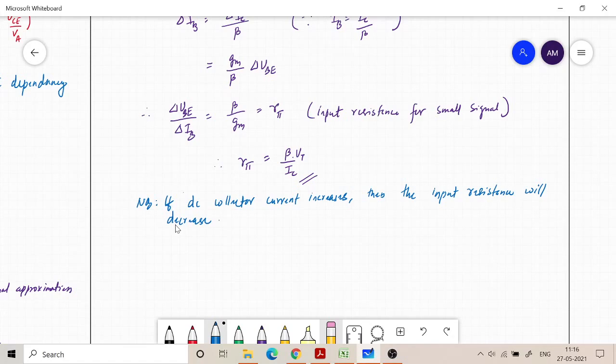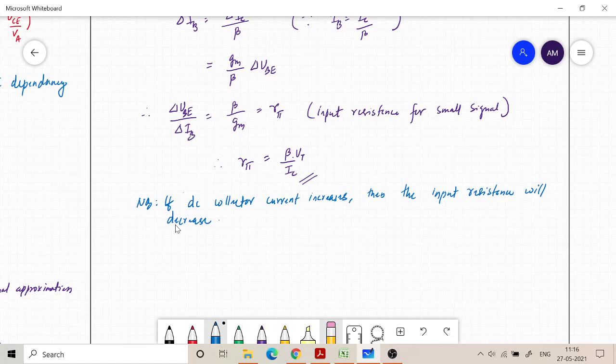So that will introduce what is called the loading effect. There is going to be a potential divider at the input side from the source. If the source offers a very small source resistance, then the problem will not be much. But if the source has some finite large source resistance, then there could be a loading effect which will ultimately reduce the voltage amplification factor, even though your gm is going to become high.